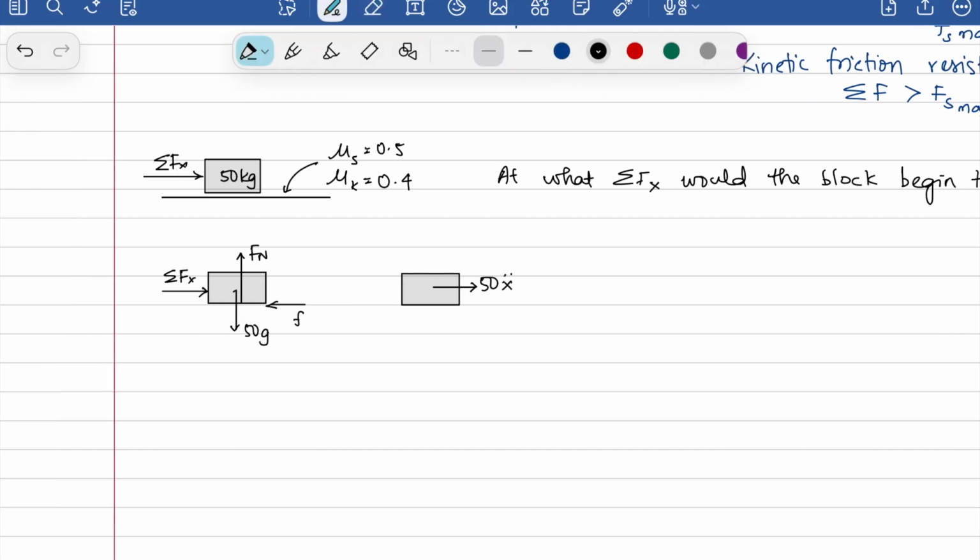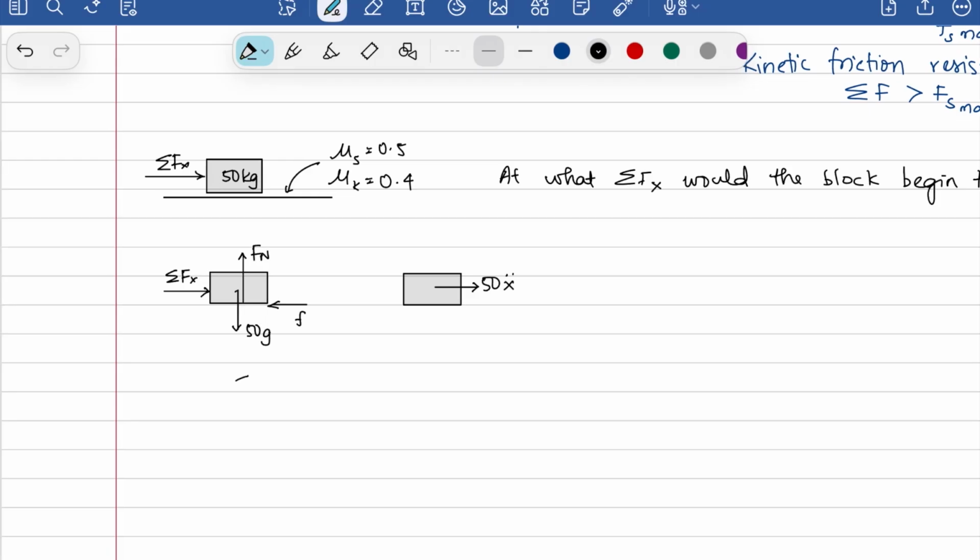Now, according to Newton's second law, I have the sum of forces in the free body diagram equal to the sum of forces in the kinetic diagram. So I have this sigma Fx acting to the right minus F along i hat plus Fn minus 50g along j hat is equal to 50 x double dot i hat, which gives me that Fn minus 50g is equal to 0, or Fn is equal to 50g.